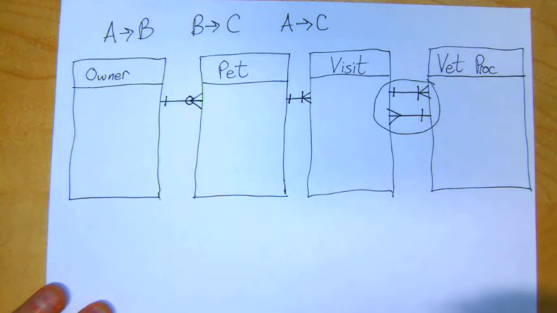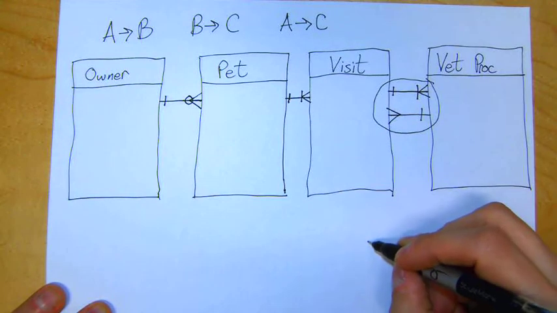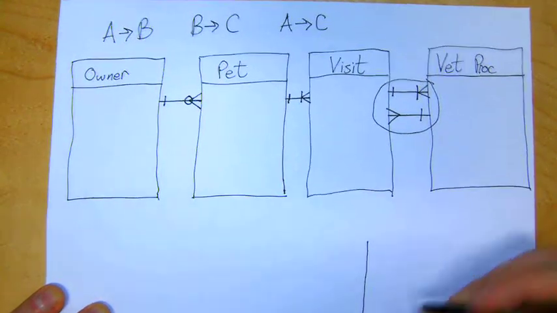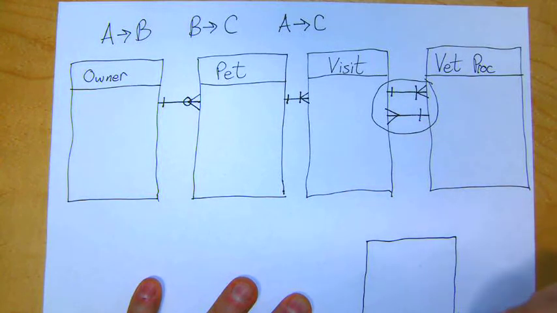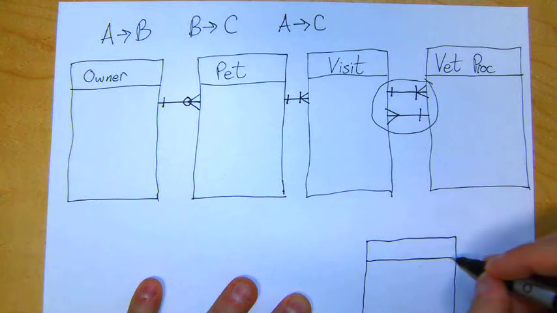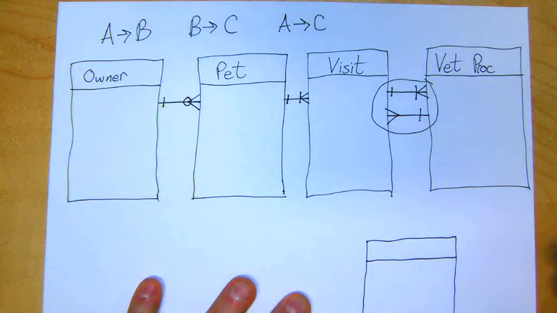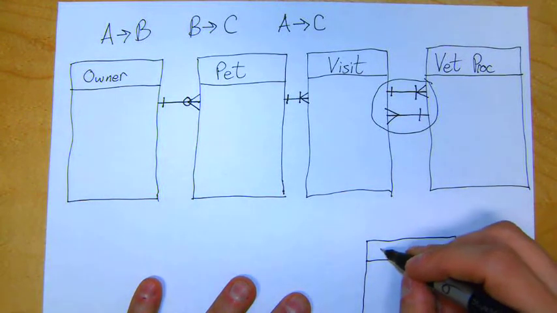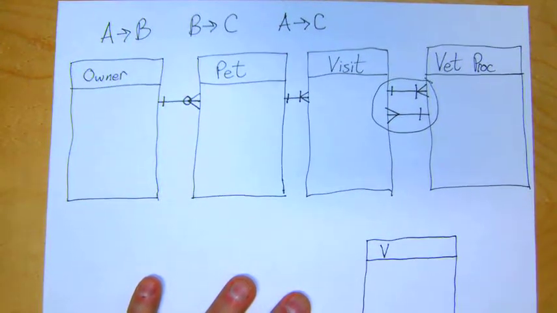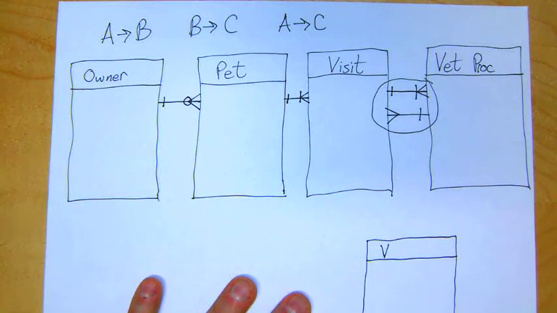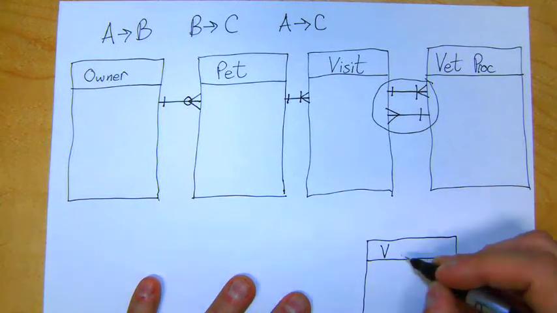So we create this associative entity here, and I'm just going to call it visit procedure. Normally when you have an associative entity, the way you name it is just combining the two terms from the entities that are related. It's just kind of dumping stuff together. So there isn't really a method to the madness.